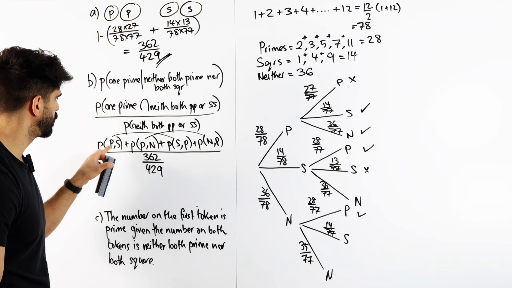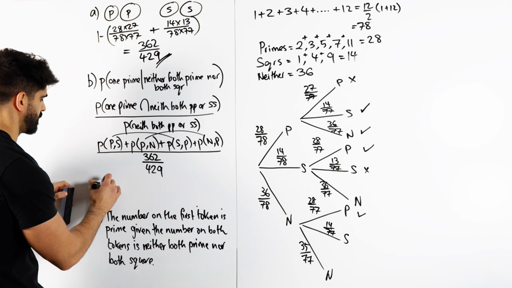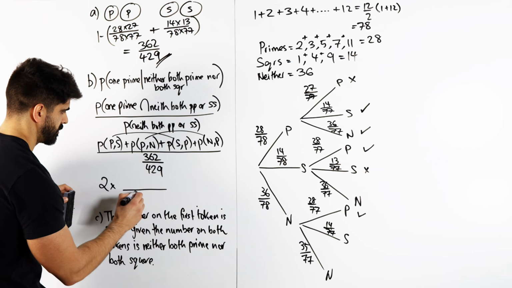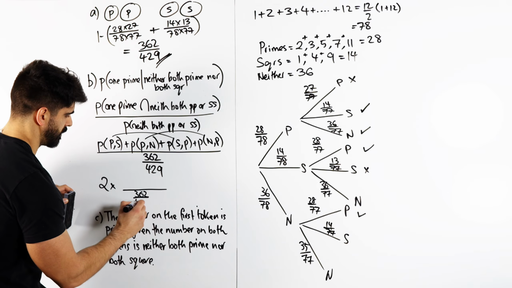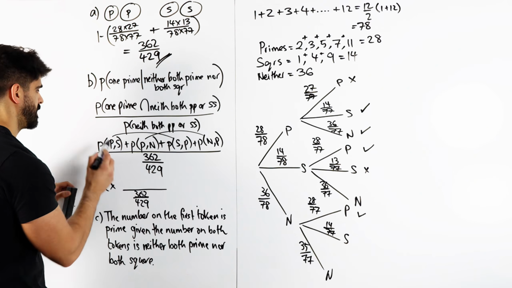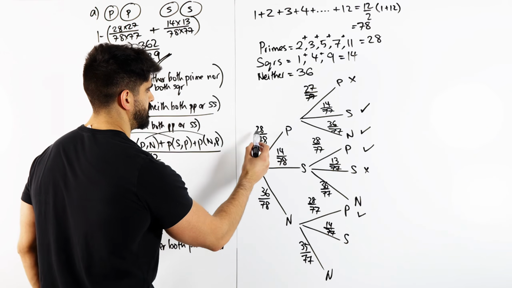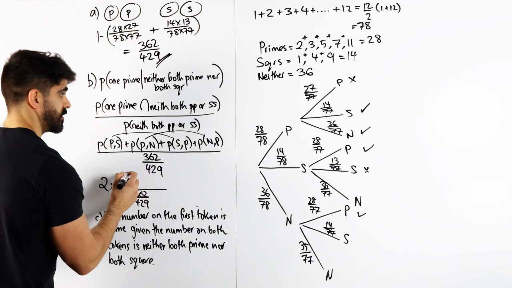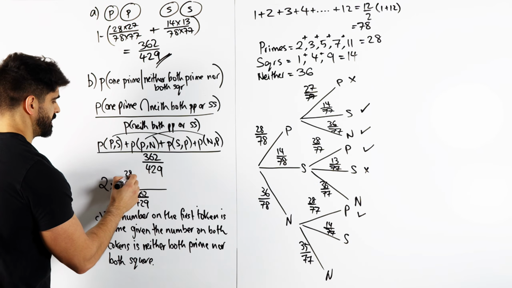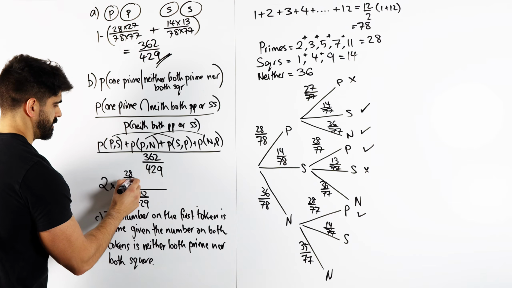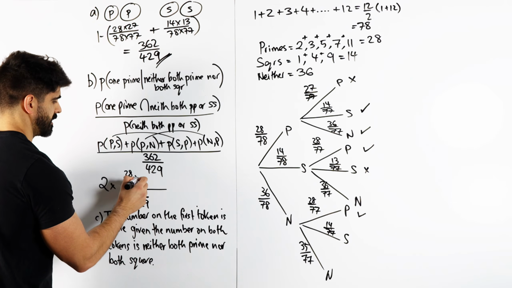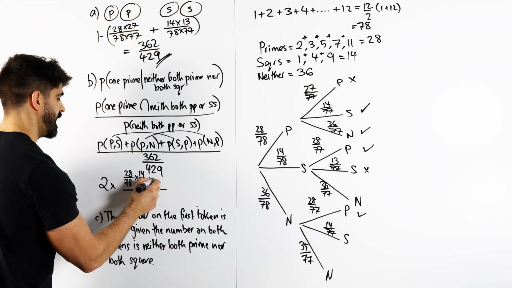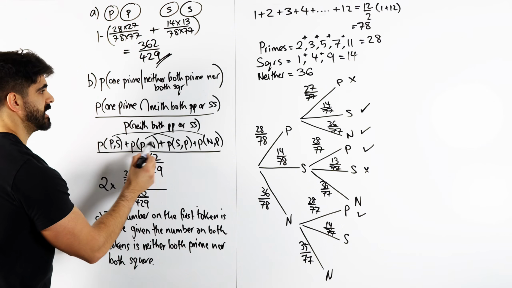So in my calculator I'm going to do 2 lots of, we have this, 362 over 429. The probability of PS, which is 28 over 78 times 14 over 77. I'm going to show you an even easier way you could compute this. And what was the other one? PN.